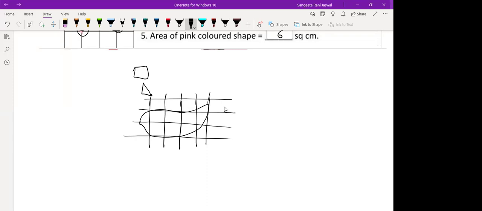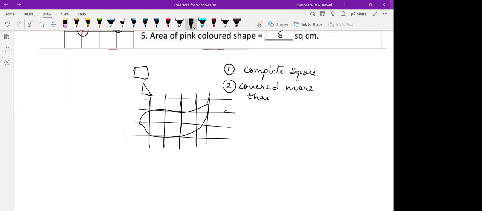Okay. Now see, children, first you have to count the complete squares. So first of all, complete squares you will count, right? And then you will count those squares which are covered more than half. That also you will count as 1 square.